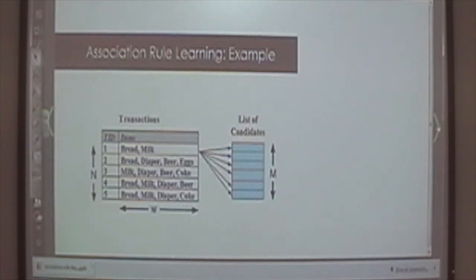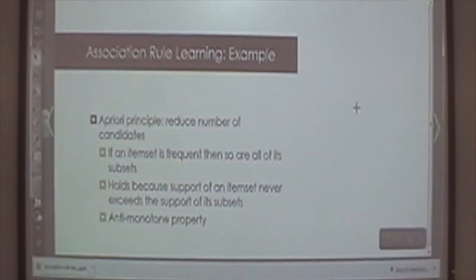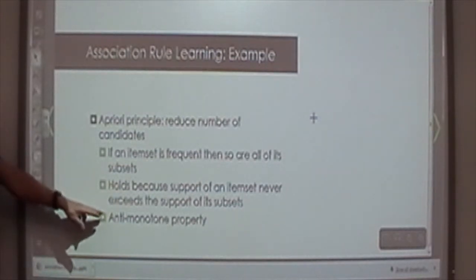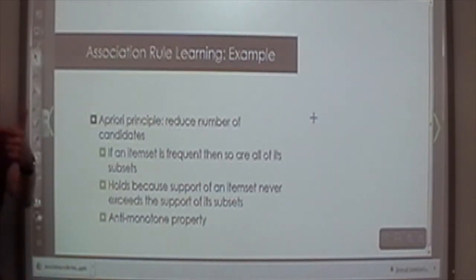But we're going to take advantage of it, and we'll see it kind of in reverse. It's like an anti-monotone property. If everyone's familiar with monotonicity in mathematics, if x is less than y, then f of x is less than f of y, right?